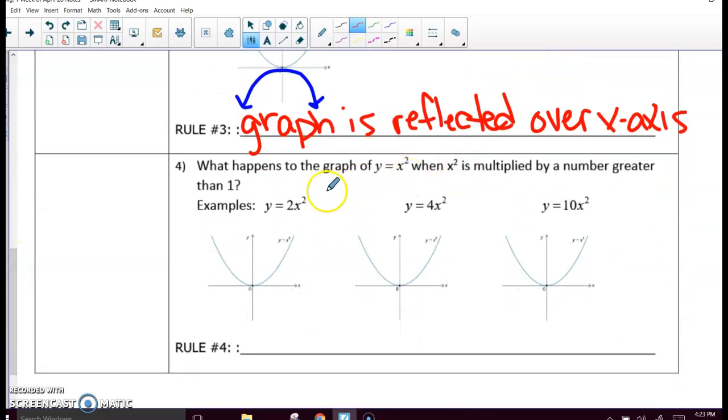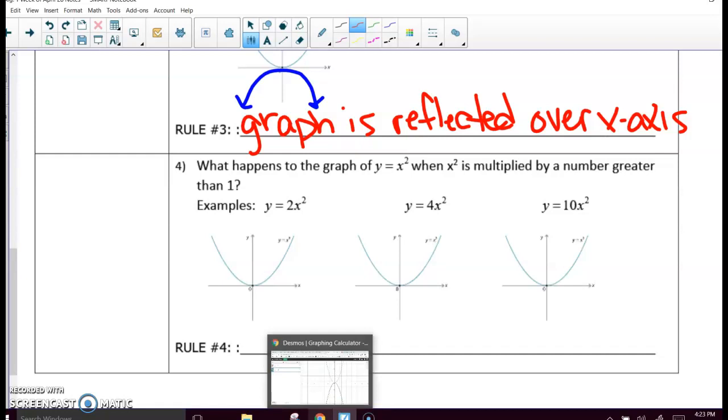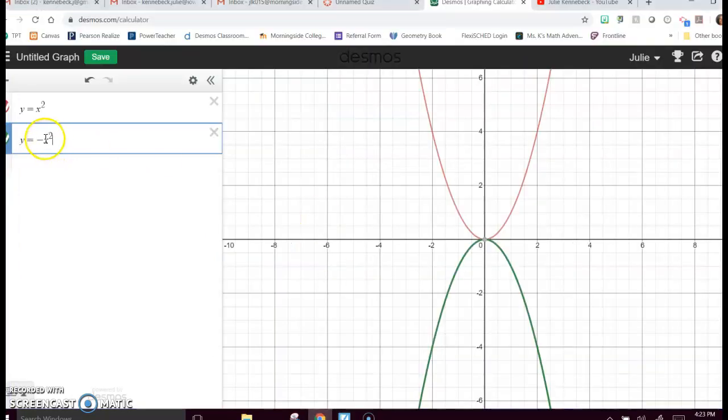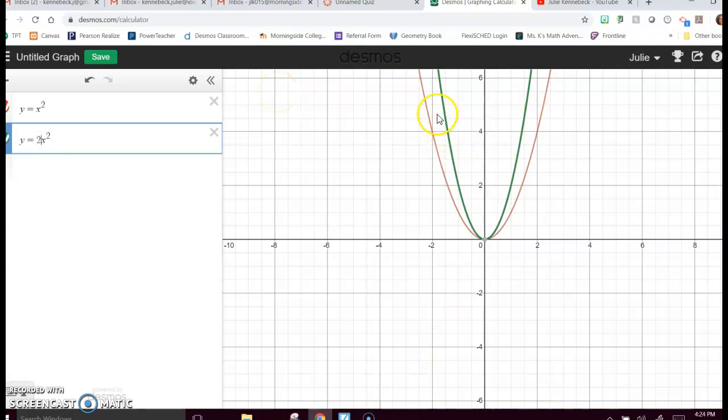Let's switch gears a little bit here. What happens to the graph of y equals x squared when x squared is multiplied by a number greater than 1? So we're going to multiply by 2, by 4, by 10. Let's go to Desmos and see what we find. Y equals 2x squared.